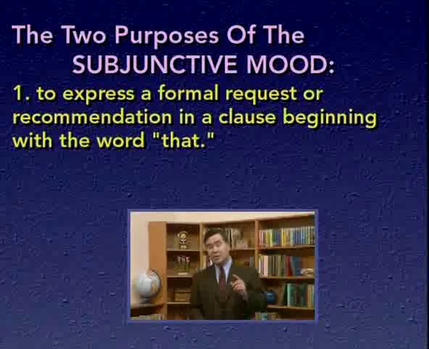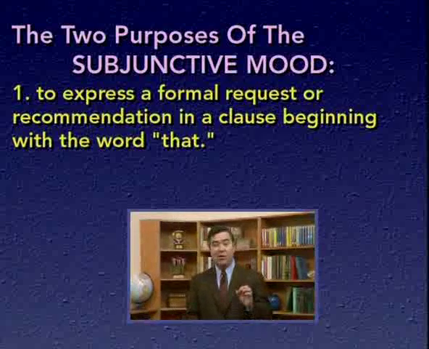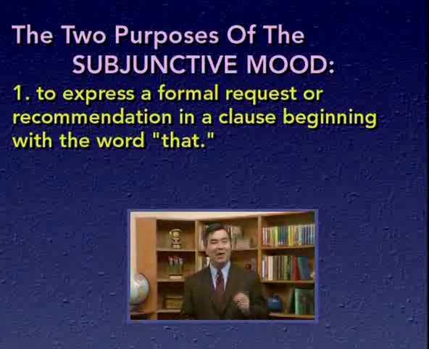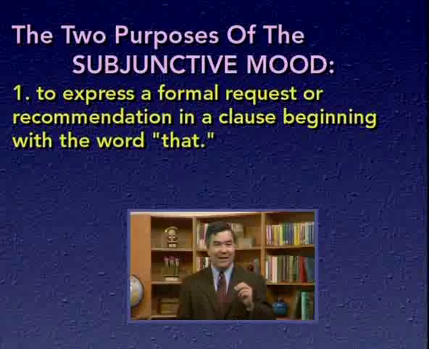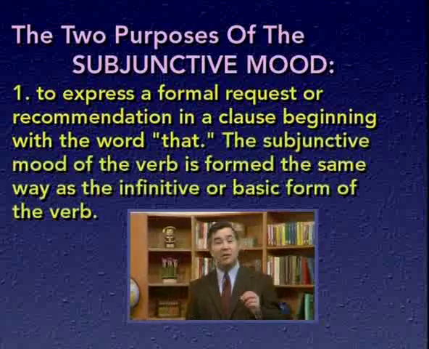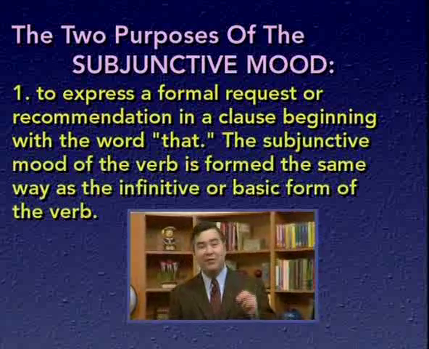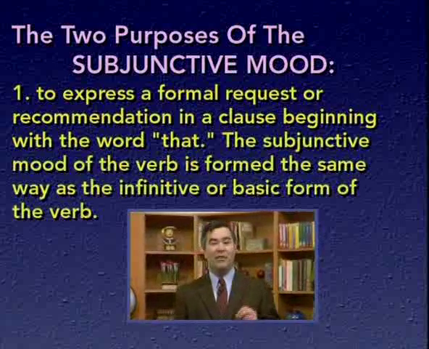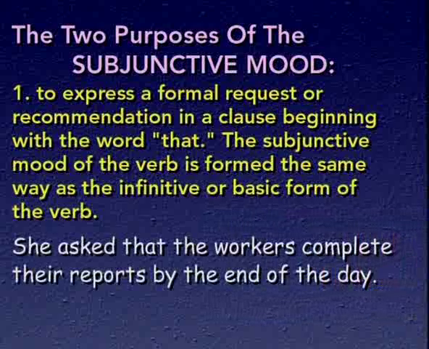First, the subjunctive mood is used to express a formal request or recommendation in a clause beginning with the word that. In this circumstance, the subjunctive mood of the verb is formed just the same way as the infinitive or basic form of the verb. Here's an example that illustrates how this works.